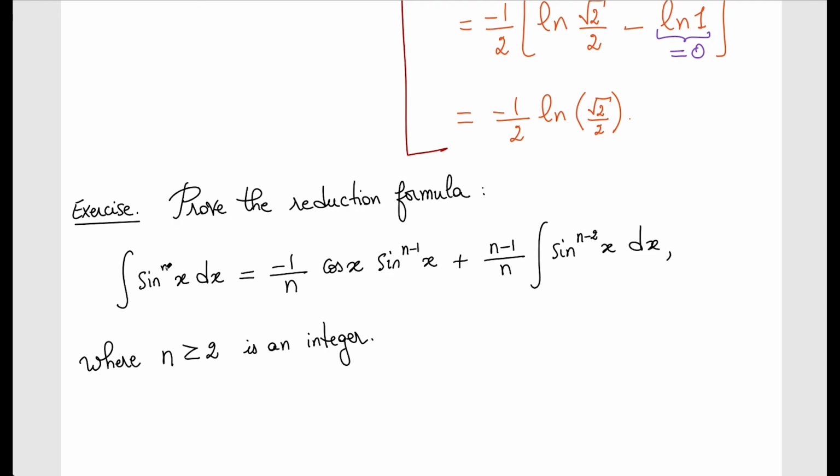And if n is an even integer that's at least 2, you're gonna bring it down to primitive of sine to power 0, which means primitive of 1 dx, right? In both cases, whether n is even or odd, you're gonna bring it down to a level where you know exactly what the primitive of that guy is. One time it's gonna be sine to power 1 x, so sine x, you know the primitive of sine x, and the other time when n is even, you're gonna go down to primitive of 1 dx, and you know how to take the primitive of 1 dx.